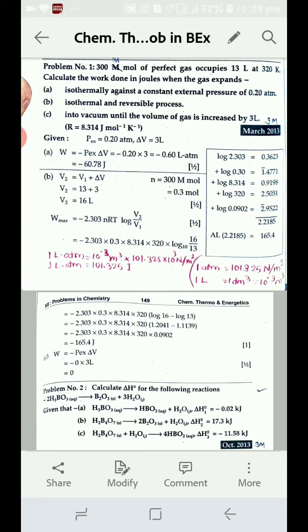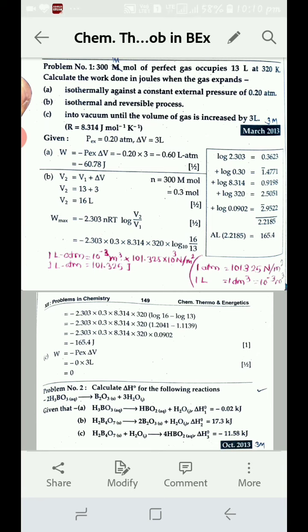Calculate delta H0 for the following reaction, that is the standard change in enthalpy of 2H3BO3 aqueous gives B2O3 solid plus 3H2O liquid, and by using the given equations, again 3 marks. So this numerical is based on Hess's law of constant heat summation.